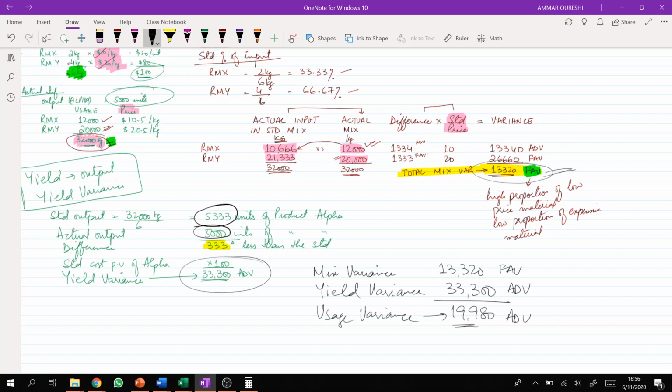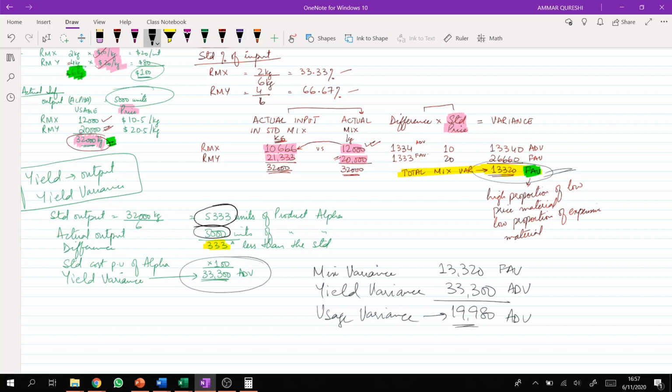That means the actual output was 333 units less as compared with what it should have been. That means raw material equal to 333 units got wasted, which has not been converted into the finished product. So that is basically a loss to the company, and that loss is higher as compared with the mix variance.